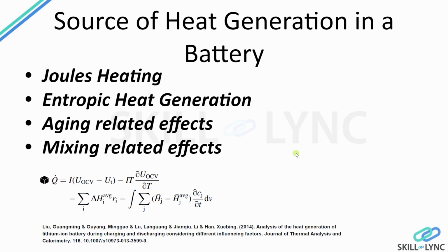Now, if you write down these in a mathematical form, you get the equation that is shown here. This is a differential equation for heat generation. We can use this equation to predict how the temperature inside the battery pack is going to change, and that is what we are going to be doing in the next class.